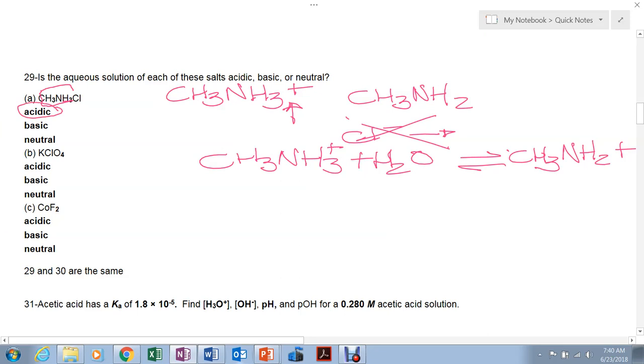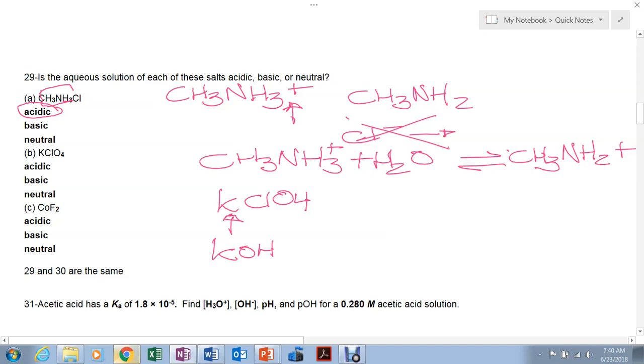This one, KClO4, right? The cation is from a strong base, KOH, which is a strong base and is soluble in water.